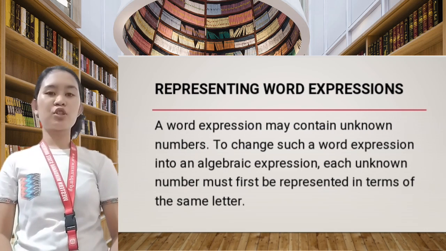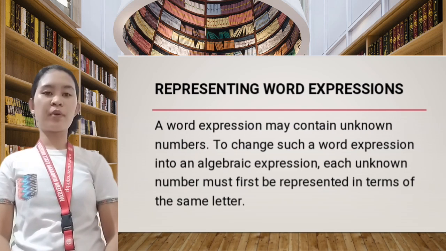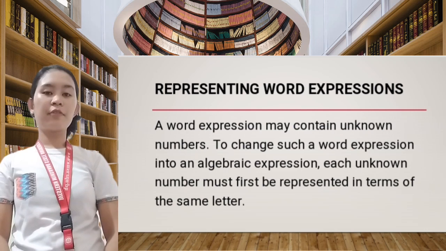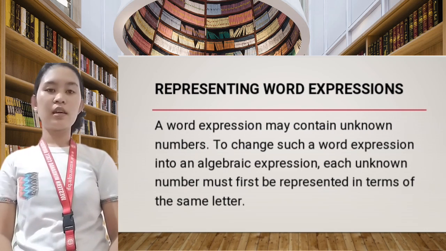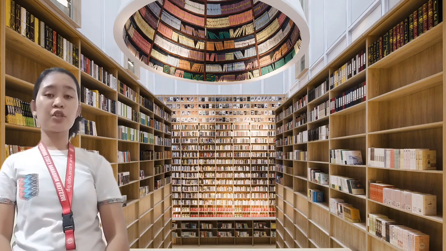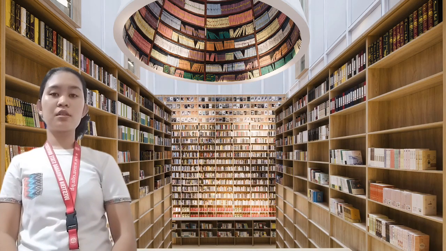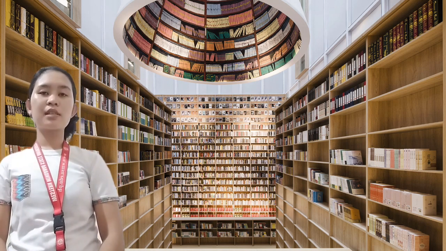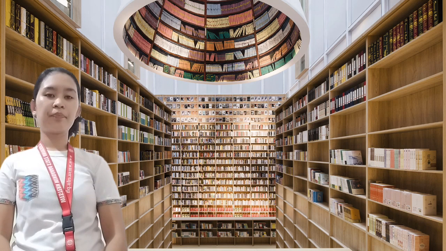To change such word expressions into algebraic expressions, each unknown number must first be represented in terms of the same letter. So in changing word expressions, you may use any letters of the English alphabet to represent the unknown number.